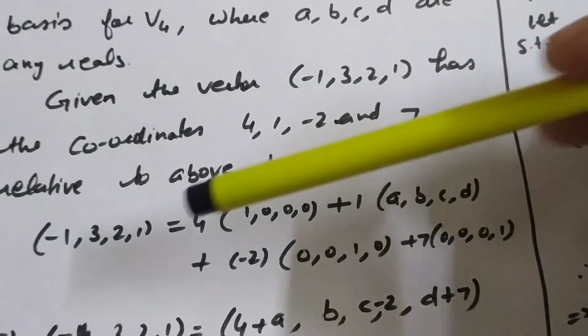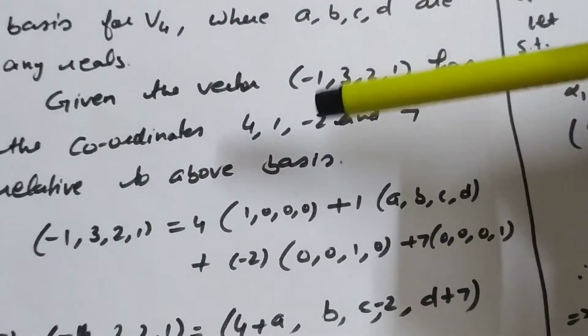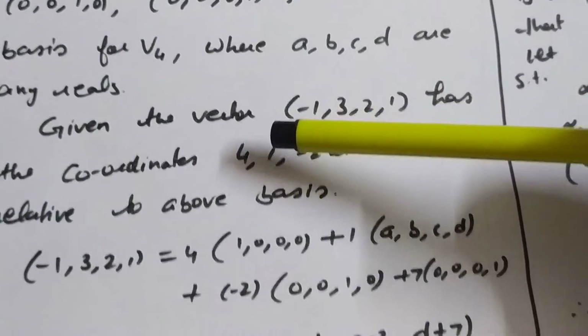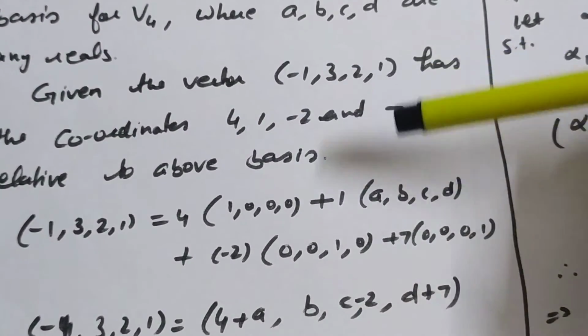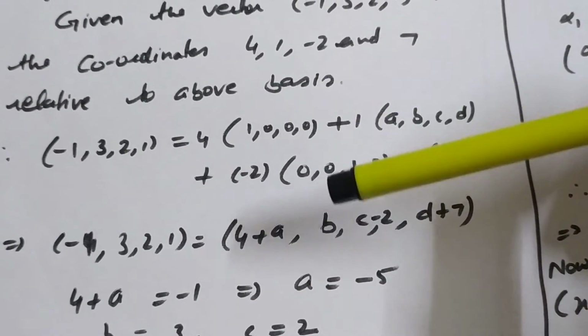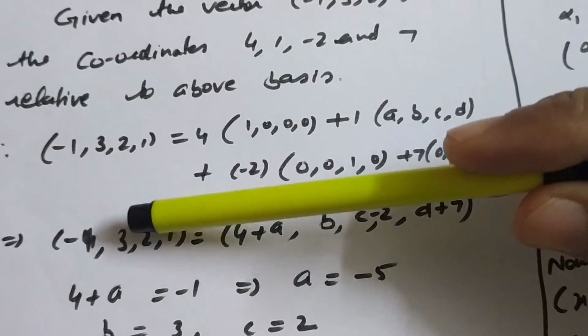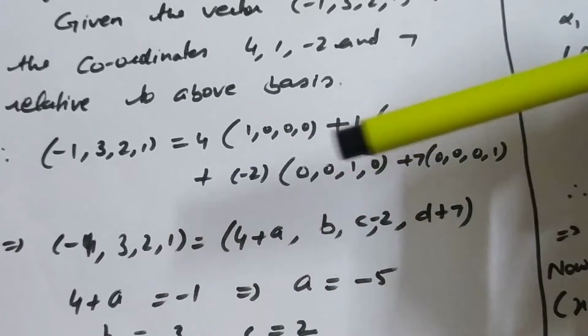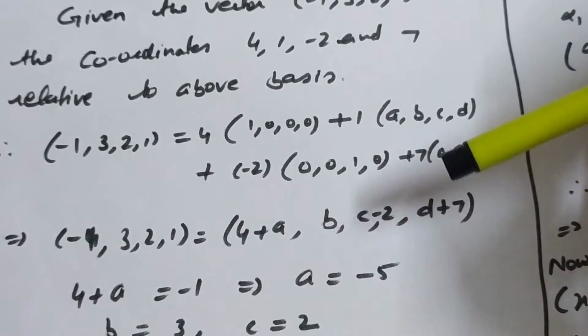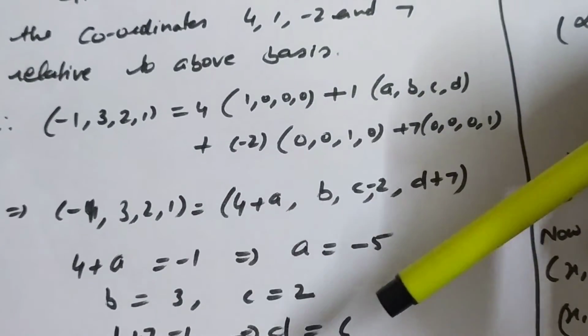So when I have written the given vector as a linear combination of the elements from the basis set with the help of the scalars 4, 1, -2 and 7, then I realize that 4 plus A is equal to -1, B is equal to 3, C is equal to 2 and D is equal to 6.